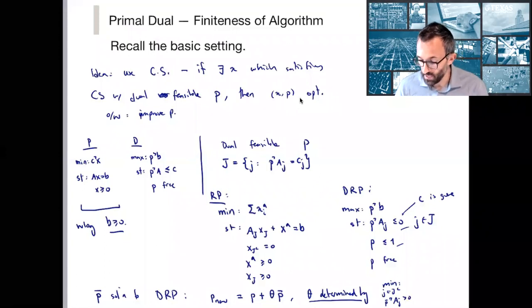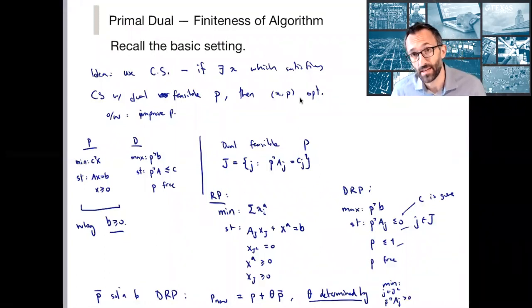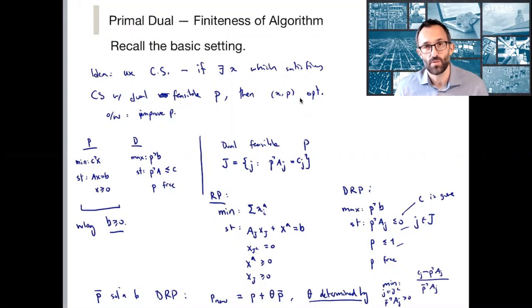Note that P bar transpose AJ is less than or equal to 0 for any J that's in the set of admissible columns, but this is in J complement. And what we've got is CJ minus P transpose AJ divided by P bar transpose AJ. You can just check for yourselves that if you set theta to this value, a new constraint in the dual is going to be satisfied tightly.